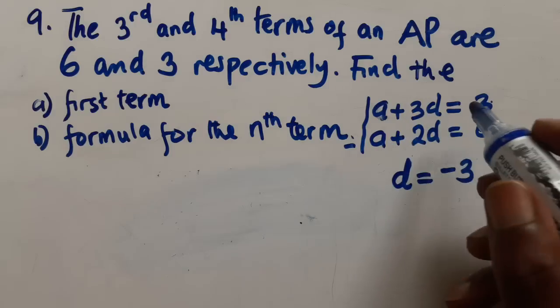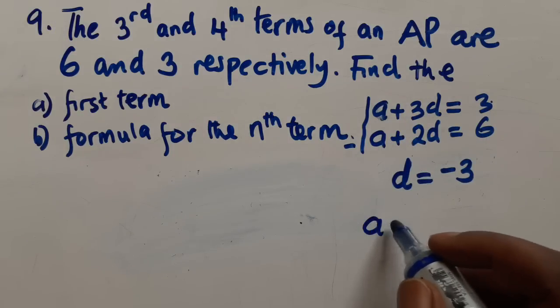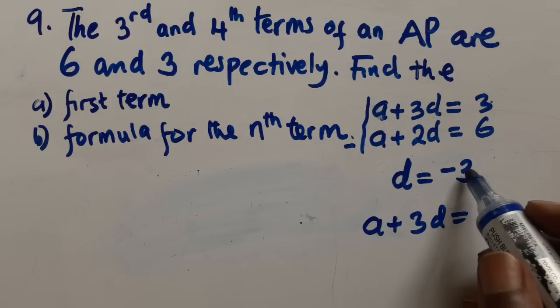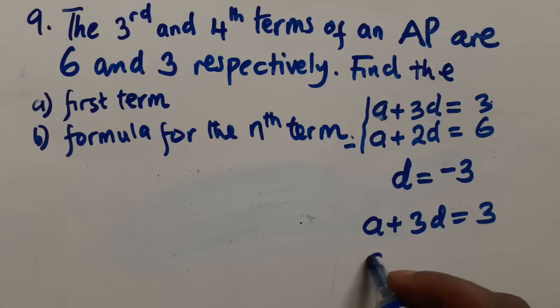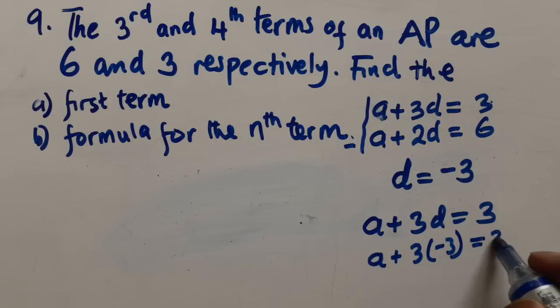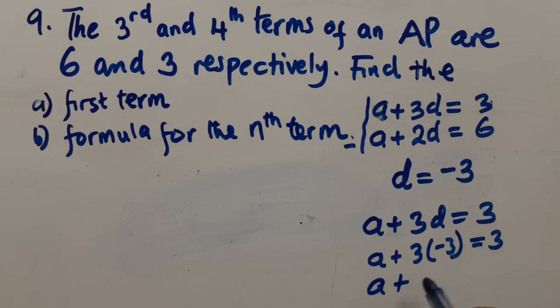To get the value of A, we need to use one of those two equations. Where there is D, we put negative 3. So we say A plus 3 times negative 3 is equal to 3. This is going to be A minus 9 is equal to 3.